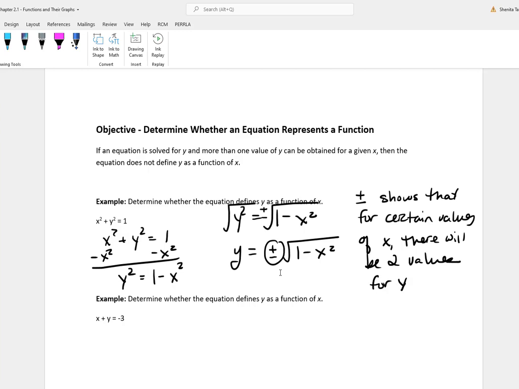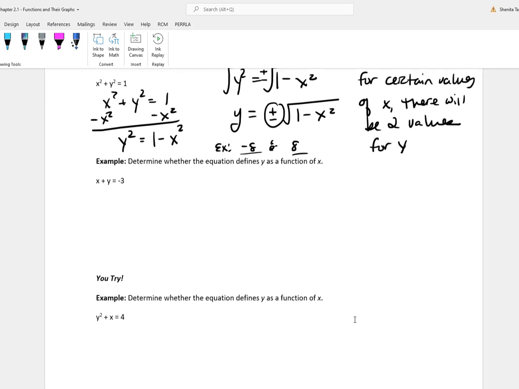In other words, anytime you substitute a number in for x, you're going to get two answers for y. For example, I'm just making this up, you might get negative 8 and 8. In order for it to be a function, you can only get one answer for y when you plug in an x. So this is not a function, and that's because of that plus or minus.